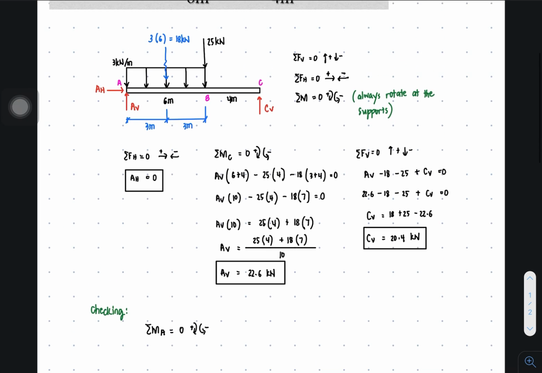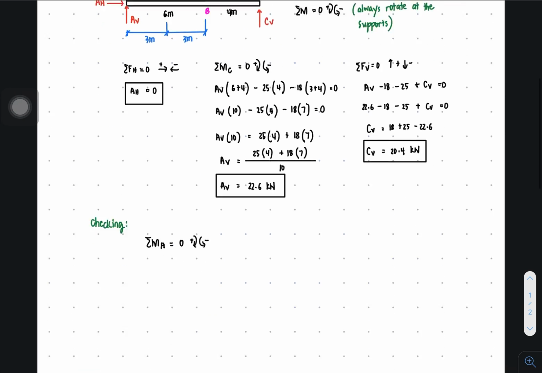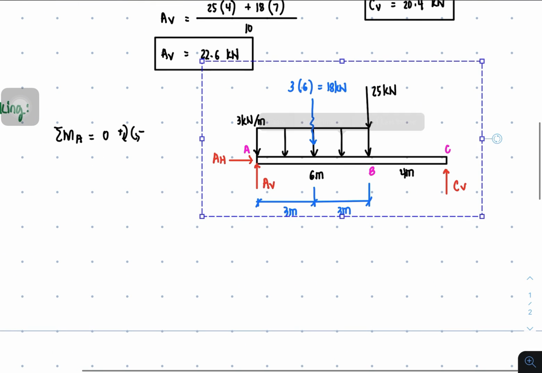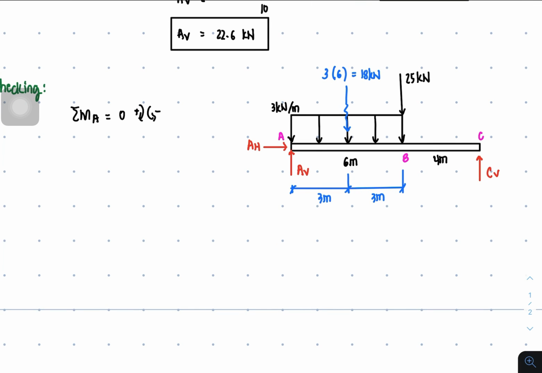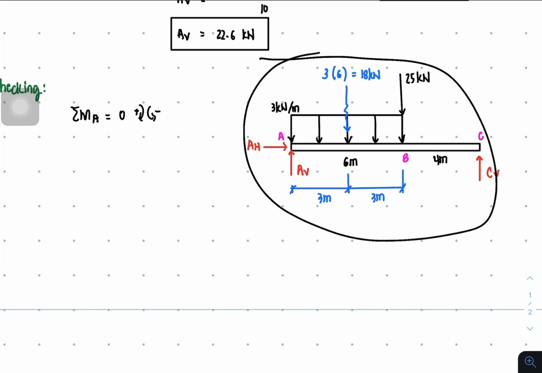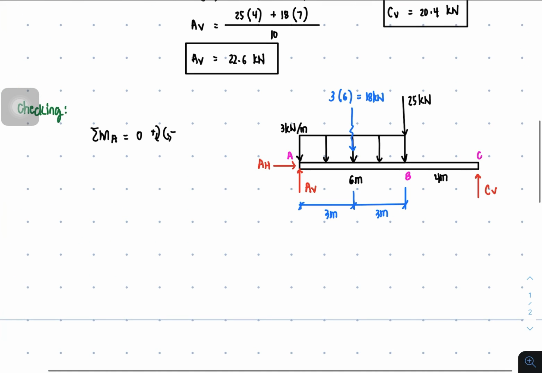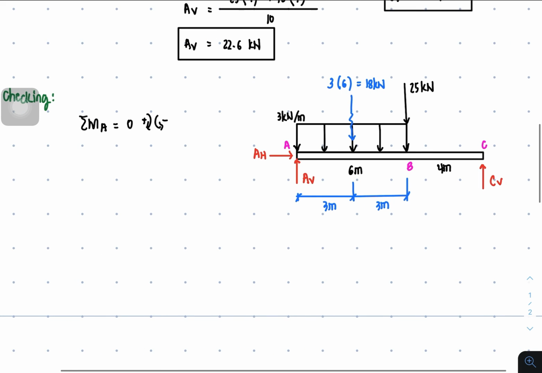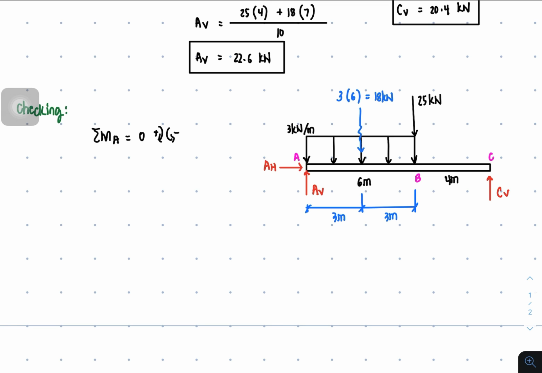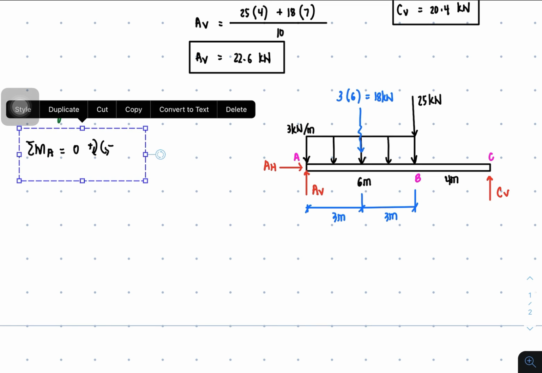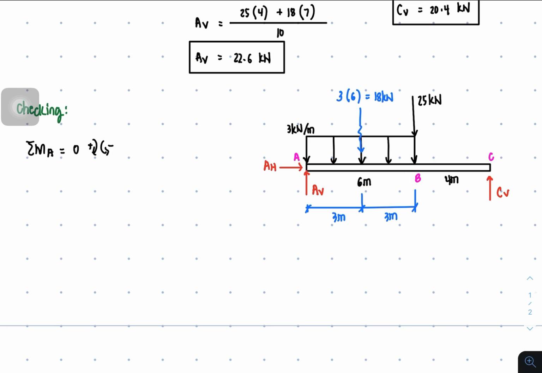Let me just borrow this one because it's quite far. Okay, this is the position. I'd like to have the summation of moment about point A. By the way, you need not redraw this anymore. I'm just dropping it here because I cannot see it on my screen anymore. So let's have the summation of moment about point A, and we'll start with CV. CV is upward.